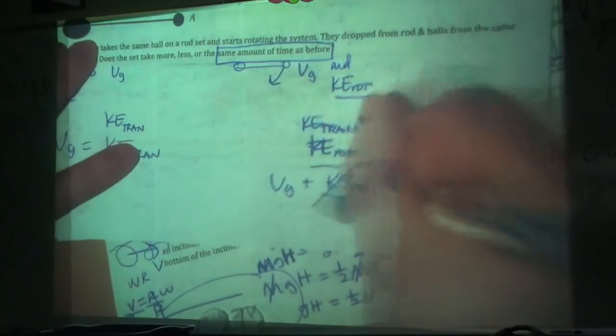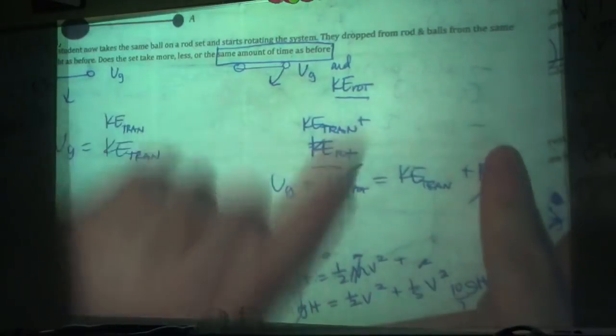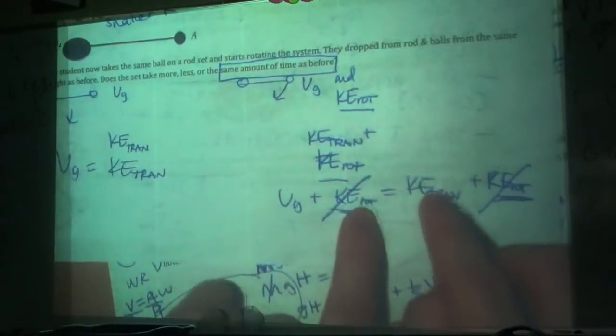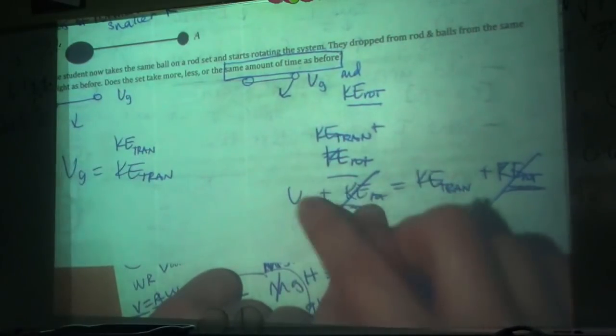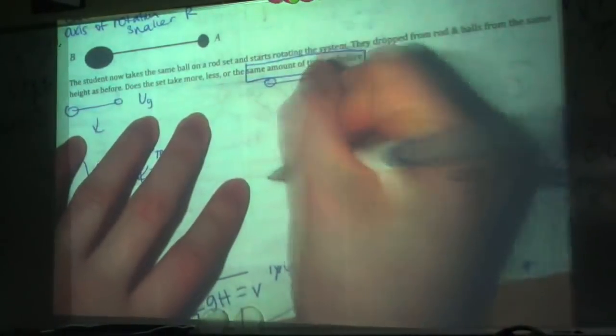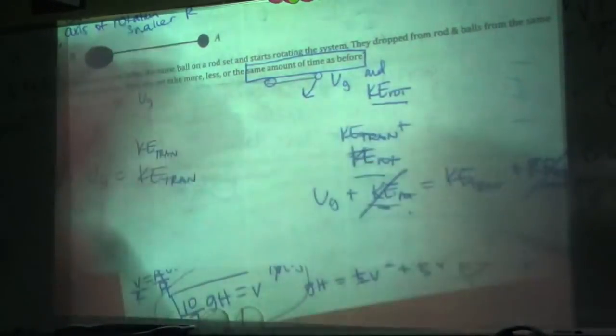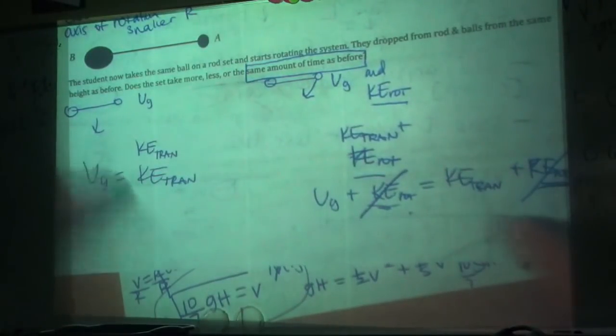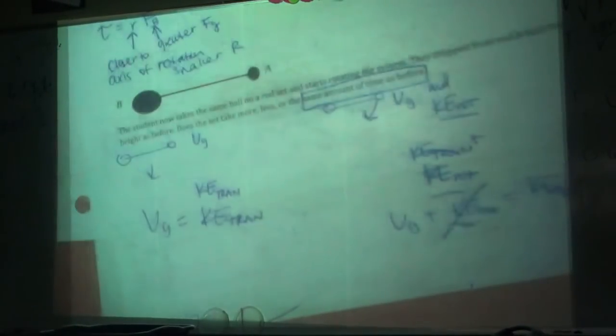So this is the same rotational energy as it had before. So yes, it has more energy at the end, but it also started with more, so it's still getting the same amount of translational kinetic energy from the potential that this one did. So they have the same speed overall, same linear speed. This one just also is rotating, so they're going to hit at the same time. Hopefully that made sense because the visor is about to start.